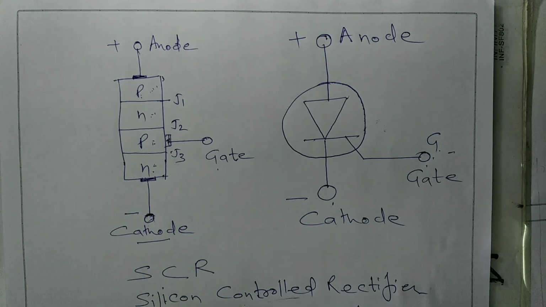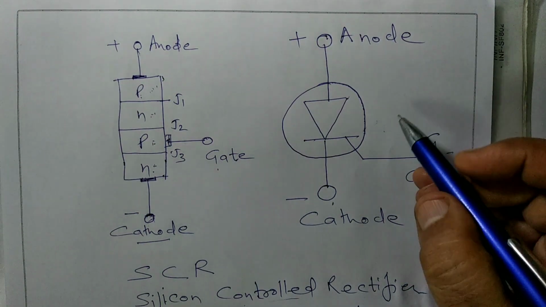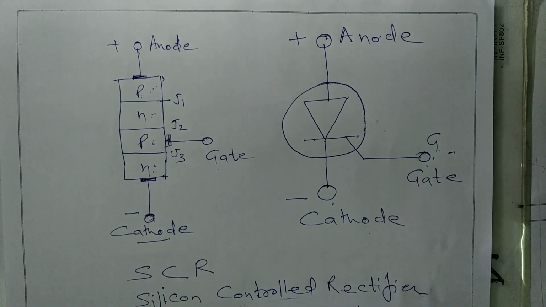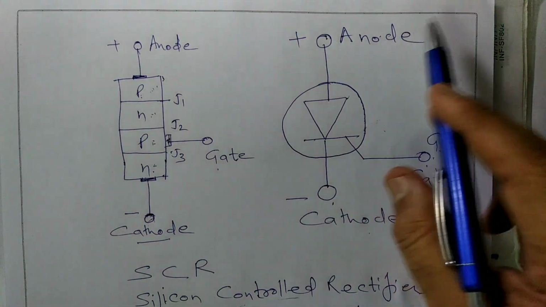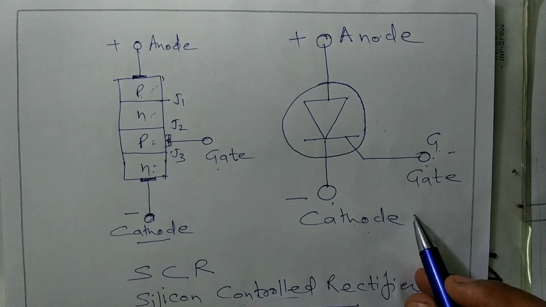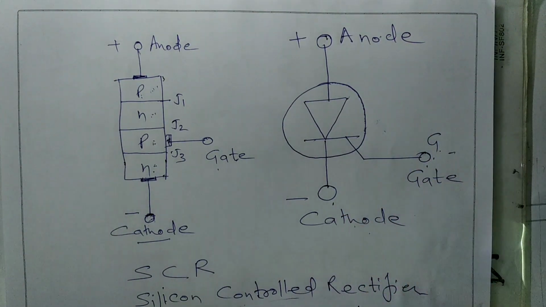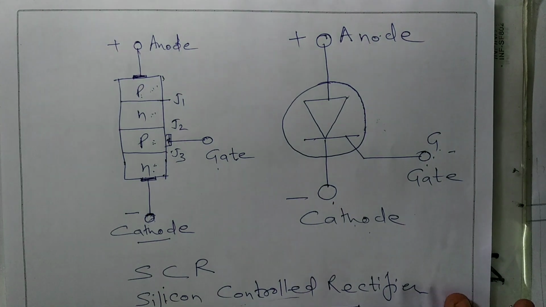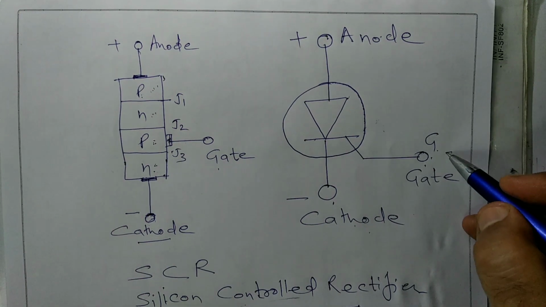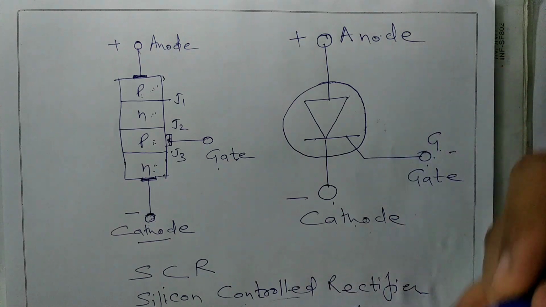Now whenever we put this device in the forward biasing condition, anode is positive, cathode is negative. Anode is the positive terminal connected to the positive of the supply, and cathode is the negative terminal connected to the negative of the supply; then the SCR or thyristor is forward biased. During the forward bias condition, when a gate pulse arises at the gate, instantaneously the SCR is switched on.